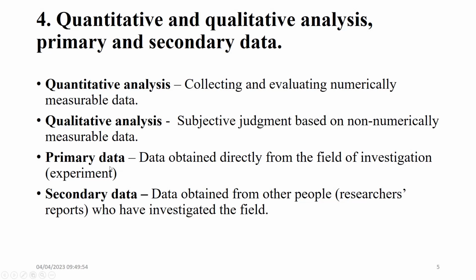Okay, here we also have primary data and secondary data. Primary data is obtained directly from the field of investigation. For example, if you perform a titration in the laboratory, the results from your titration experiment are primary data, because you obtained them directly from the experiment. But for secondary data, you use data which has been generated by someone else, not you.